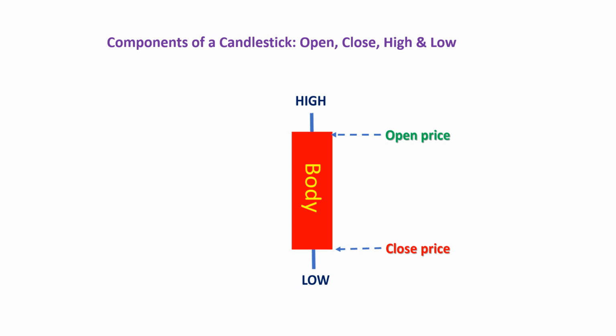The length of the candlestick body and wicks provide valuable information, with longer bodies indicating significant price movements and longer wicks suggesting increased volatility. This information helps traders and analysts interpret price patterns, identifying potential reversals or continuation, and make informed trading decisions.